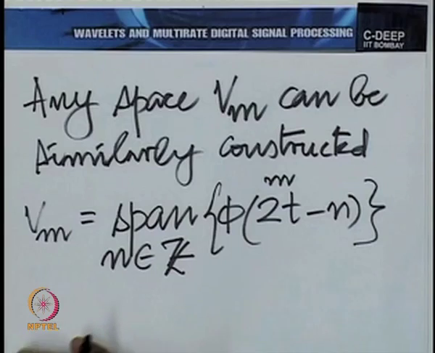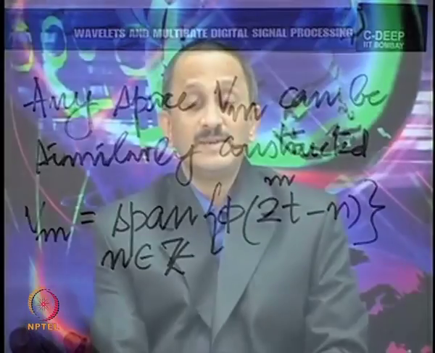So, just as we looked at the wavelet yesterday and said it is this single function which can allow details to be captured, we now have this function phi t which captures representation at a resolution. It is a very powerful idea if we think about it.